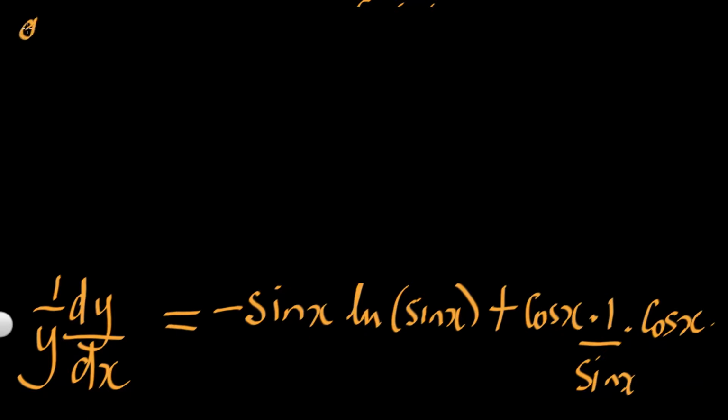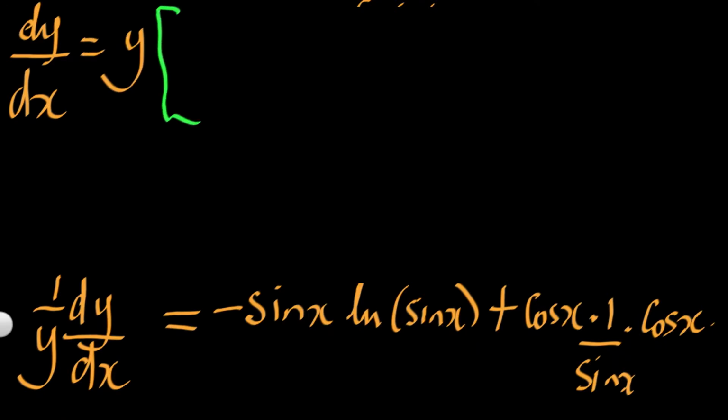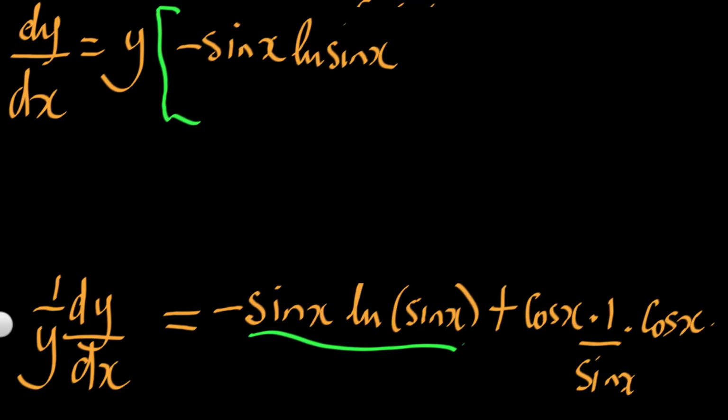So from there, it means dy dx is equal to y. Let me use a different color to illustrate this part. The first term, this term here, is quite straightforward. It is minus sine x ln of sine x, then plus this second term here.